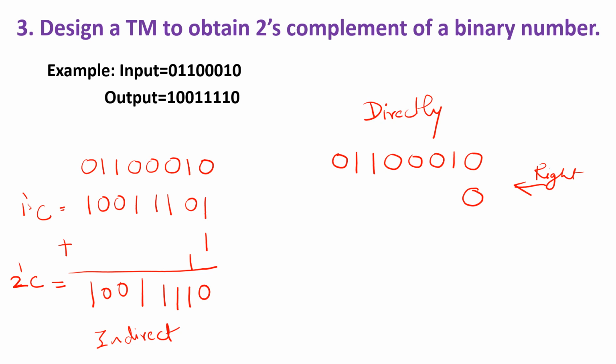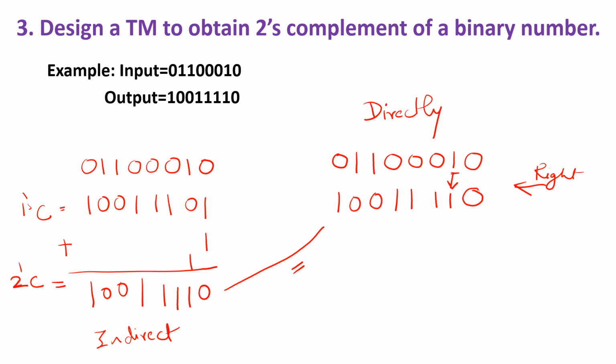If you come across any number of zeros at the right, keep those zeros as they are until you come across the first one. Once you come across the first one, keep that one also the same. And after that, interchange 0 to 1 and 1 to 0. So this is the direct method of obtaining the 2's complement.